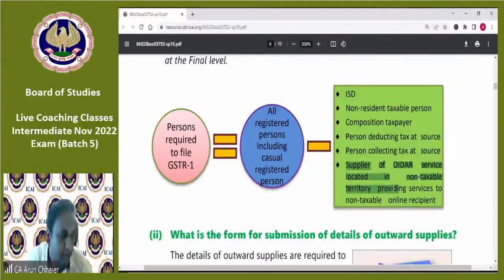From where do we furnish it? In the GST portal. For everything online, there is only one common portal.